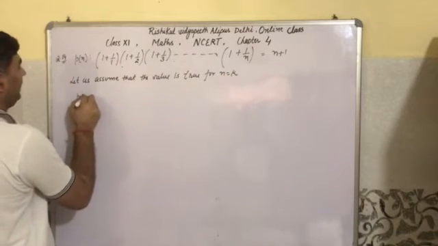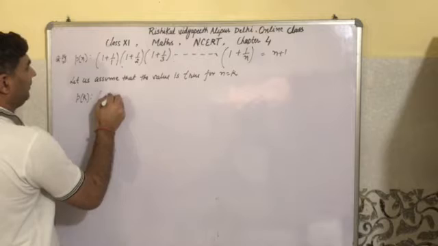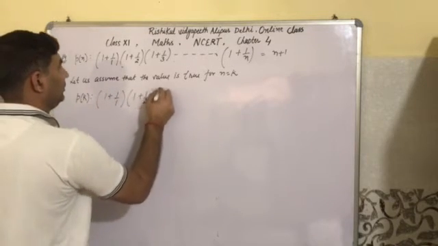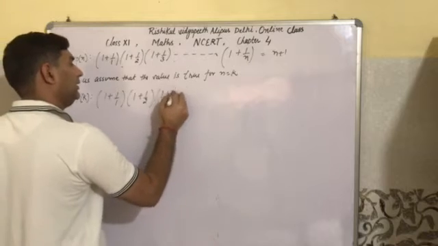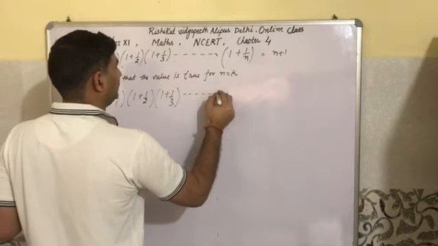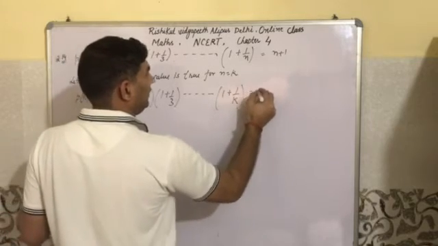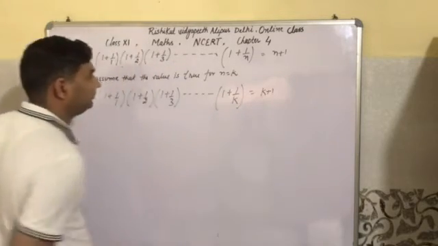Then P of k: 1 plus 1 by 1 into 1 plus 1 by 2, 1 plus 1 by 3 and so on up to into 1 plus 1 by k is equal to k plus 1.